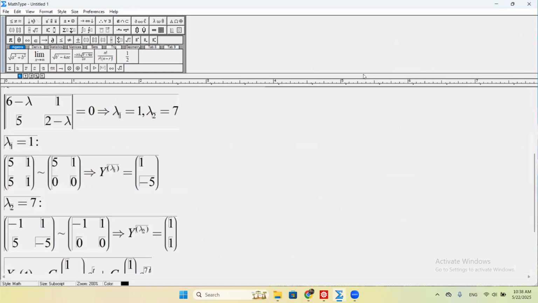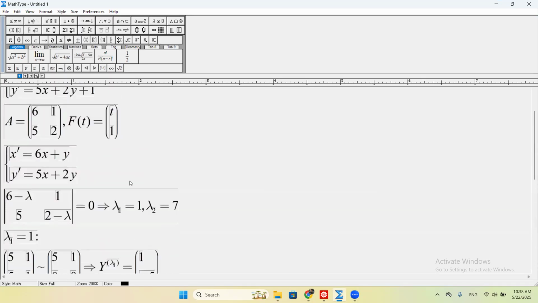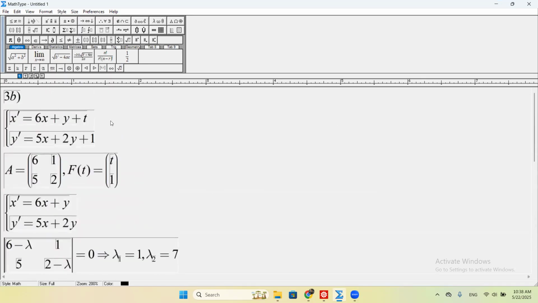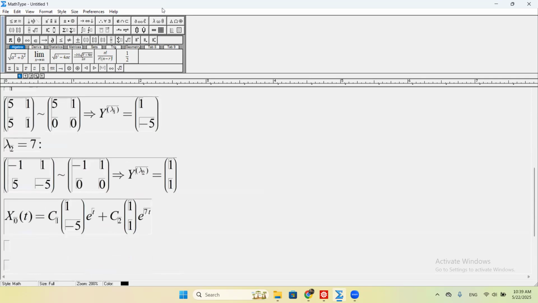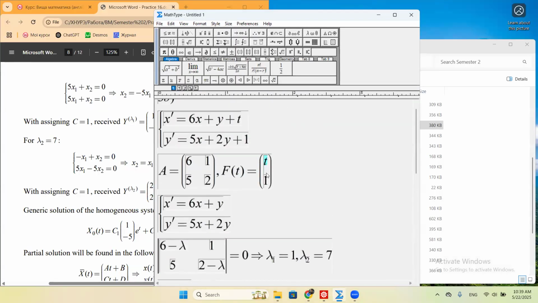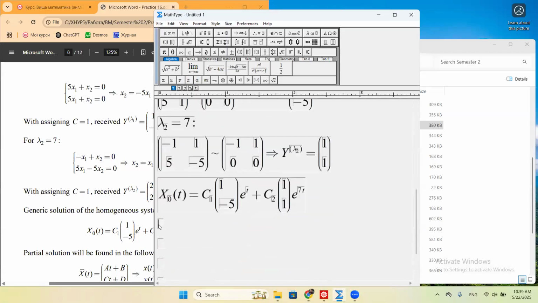Actually, it is analogical to single differential equations. We look at the right part and choose the highest degree of polynomials. In this case, the highest degree is 1. Control numbers are 0, so no exponents. So we find it in the following form.